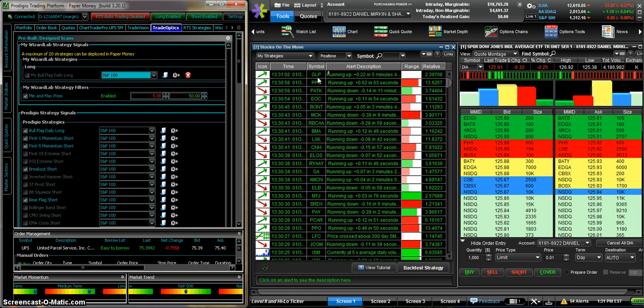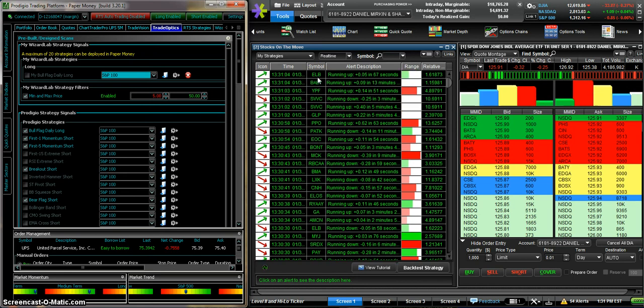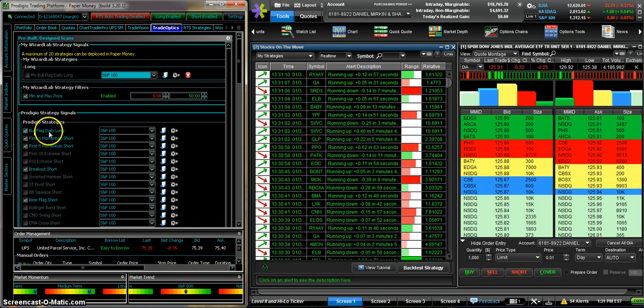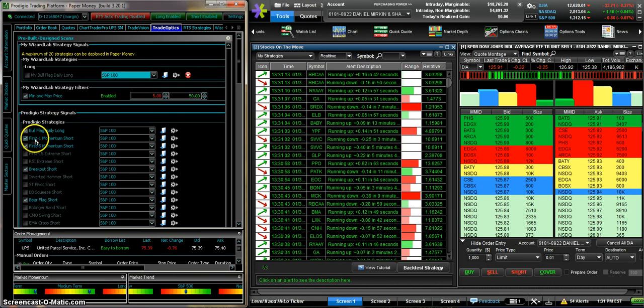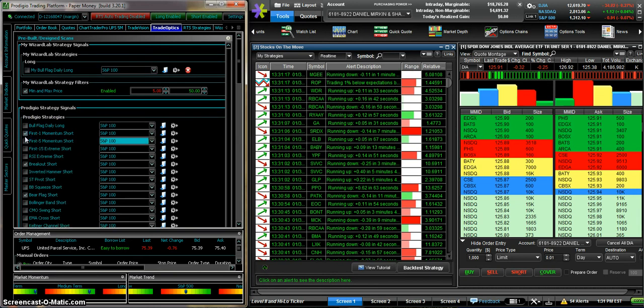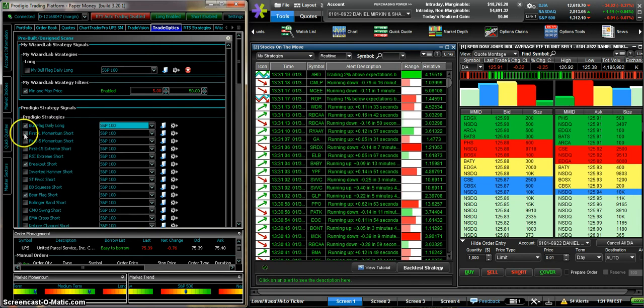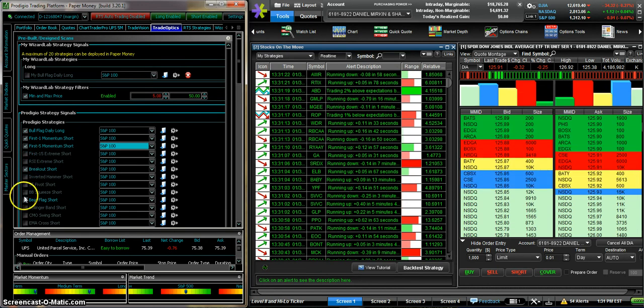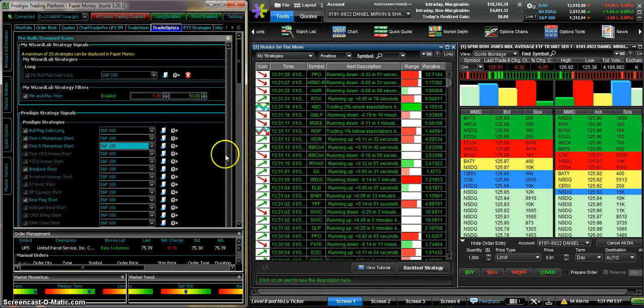There's some overlap between strategies and our strategies, but for the most part, here we're looking at a bull flag daily long, the first one momentum short, a couple of other ones. This is how you select them, but because there's limitations on how many you can select, see, I've already reached the 20 because I basically asked to look for 20 events.